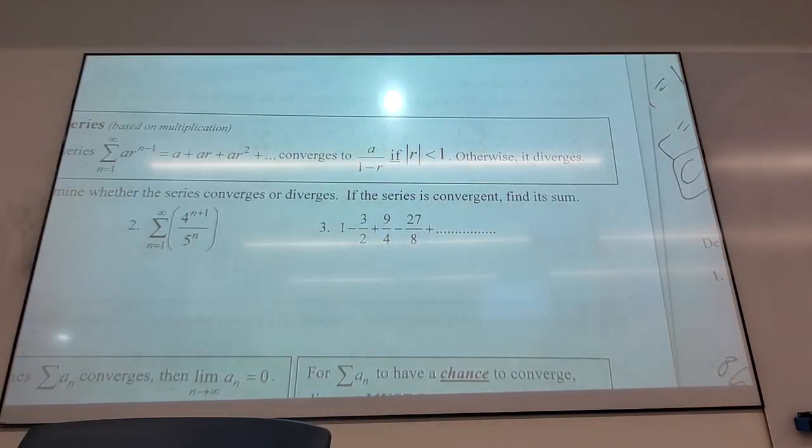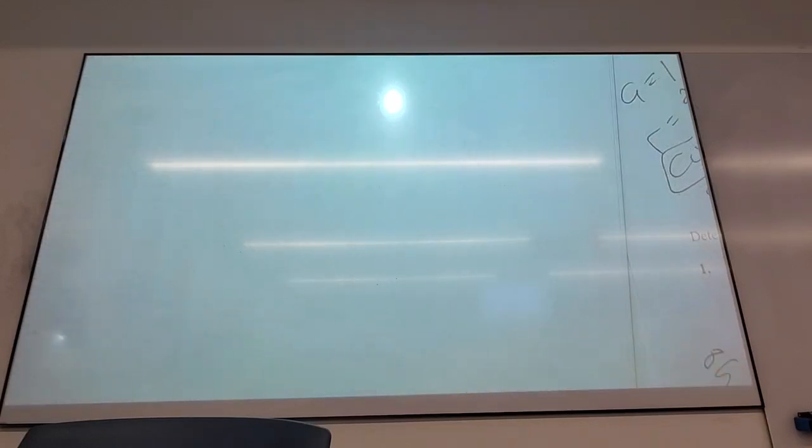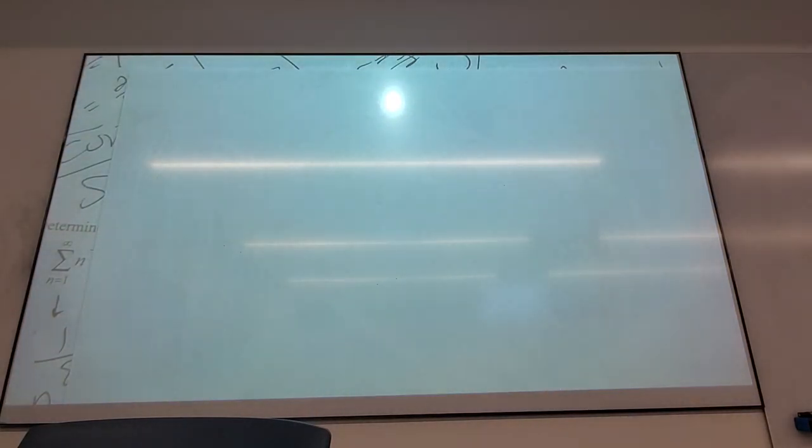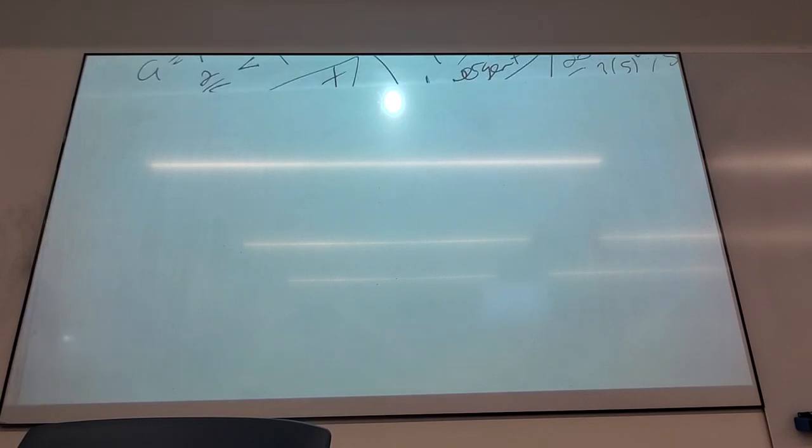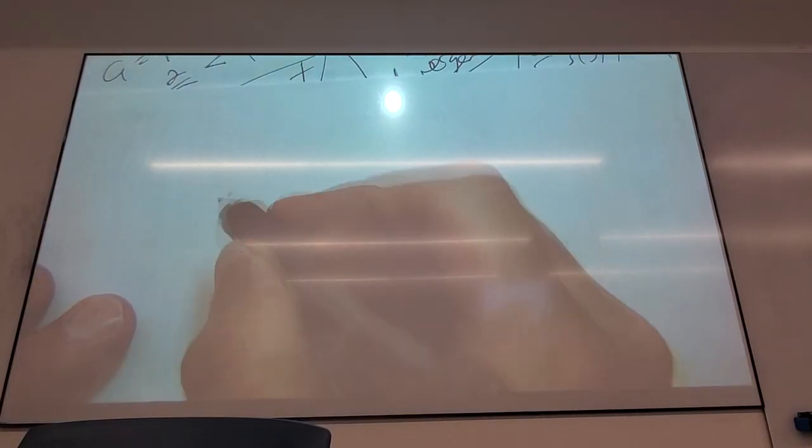Okay. Last thing I want to talk about with the integral test is the last little piece that's on the integral test paper, but I'm not going to put that up here. I'm going to try to show you why it's true.